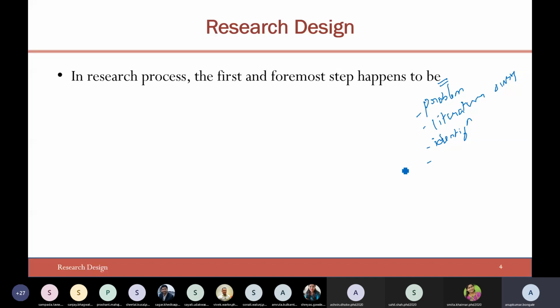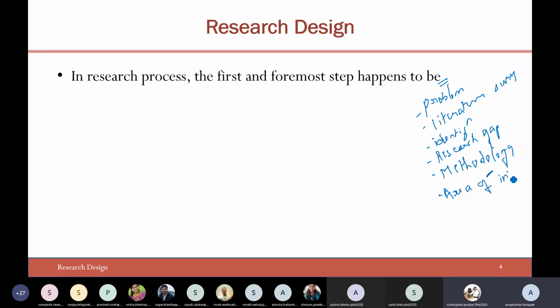Any other answers? Research gap. Identifying research gaps, very good, very nice. Methodology to be adopted. I'm just making a note so that we'll see which of these has to be taken first. Something related to methodology. Area of interest, very good.